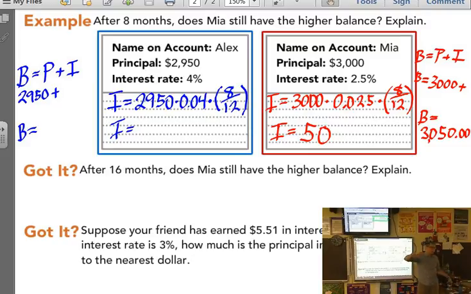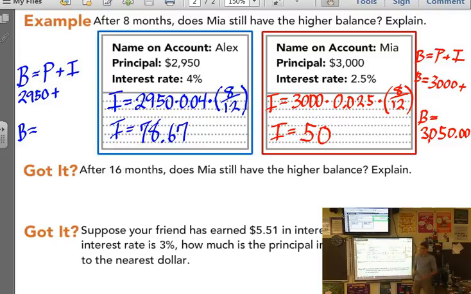Give me your eyes, unless you're looking down for the calculator. We want to type in 2,950 times 0.04, because that's for 4%. Whether or not you put this first zero doesn't really matter. After the decimal, everything does matter. Then times, open up a parentheses, type 8 divided by 12. Then you need to close the parentheses. When you hit enter on that, you should get $78.67, once you round up.